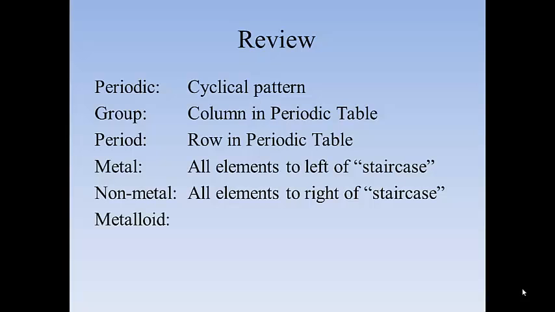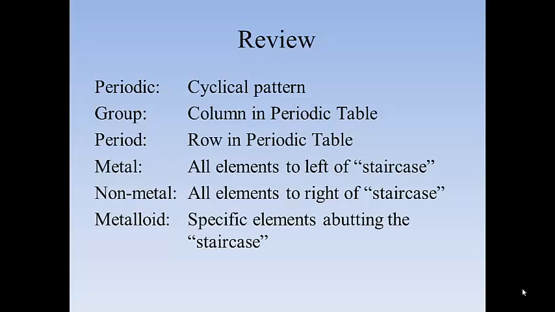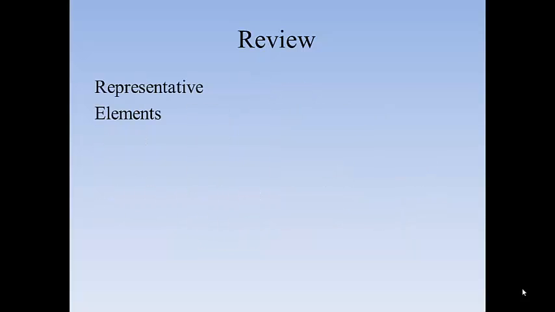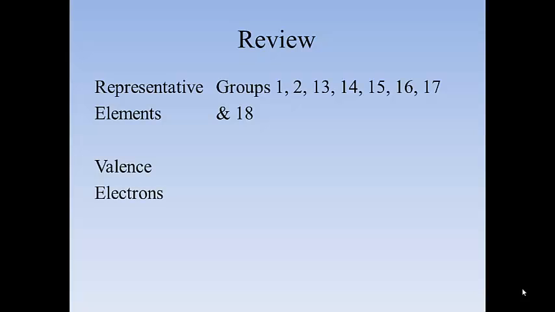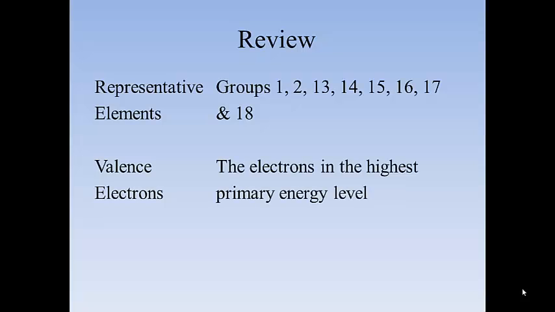A metalloid are specific elements abutting the staircase, most notably, by the way, silicon, arsenic, and germanium. The representative elements are groups 1, 2, 13, 14, 15, 16, 17, and 18. And valence electrons in an electron configuration are the electrons in the highest primary energy level.